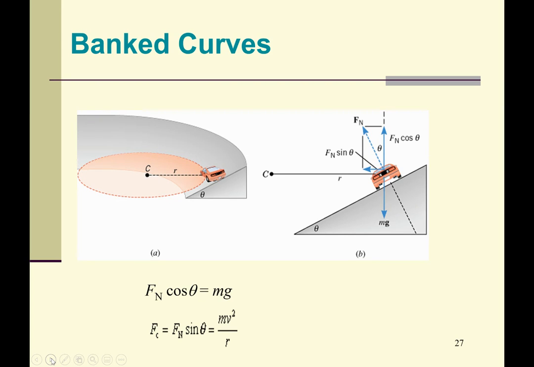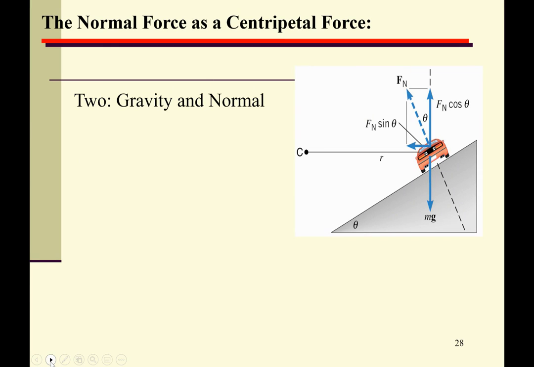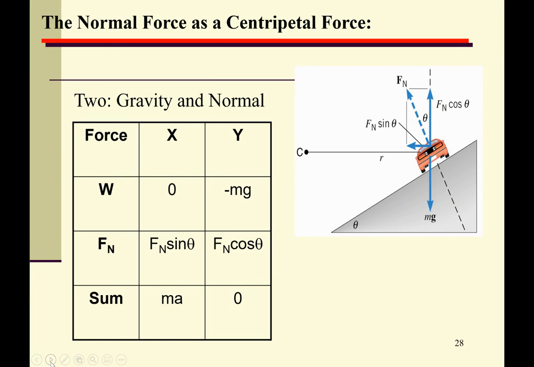Also, we have our centripetal force. Our centripetal force is equal to this portion of the normal force, and that's equal to sine theta. So mv squared divided by r is equal to normal force sine theta. So we have two values: we have gravity and we have normal force.